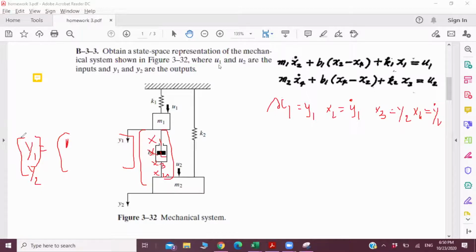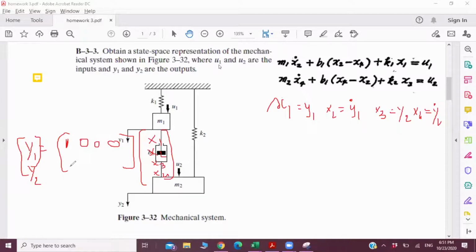Why do I do that? The entry that multiplies x1, which is the first one, I put 1. And when I look at y1, I'm looking at the first line. Okay? So for y1, looking at the first line, it turned out to be equal to x1. So when I put 1 here, I told it to keep x1. Now it doesn't have x2, x3, or x4. So I want to eliminate these terms. How do I do that? I add zeros. 0 0 0. So if we do the matrix multiplication, y1 will be equal to 1 times x1 plus 0 times x2 plus x3 times 0 plus x4 times 0, and I'm left with y1 is equal to x1. Okay?